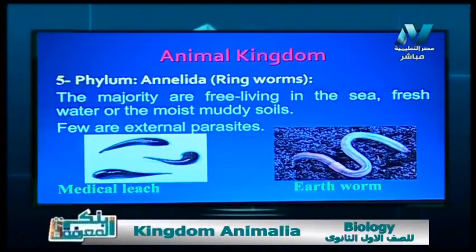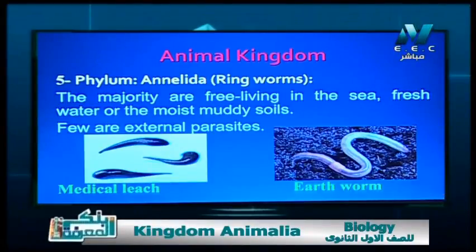The third type of worms is called Annelida, or ringworms. Here the body is composed of rings attached by the outer skin. So this is called ringworms. The majority are free living, not like the previous worms. They live in sea or fresh water or moist, muddy soil, like the earthworm.